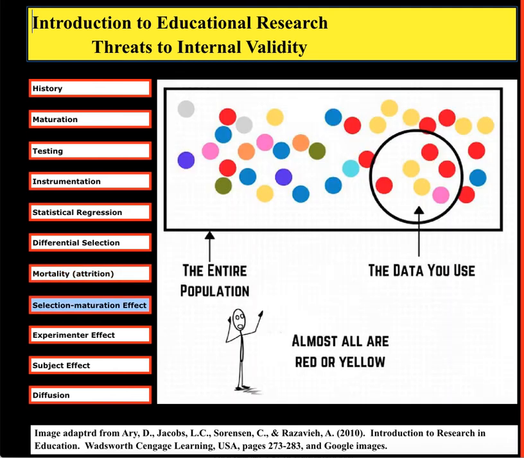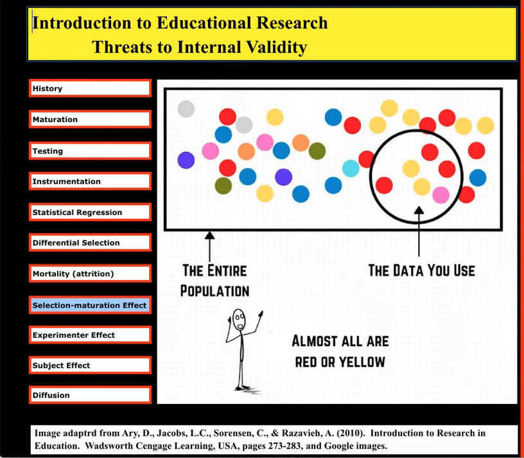Now there is what is referred to as a selection-maturation interaction of subjects. And this refers to the mixing or combining of separate elements based on different maturational levels. So this is like the differential selection, but here you have two groups, let's say, an experimental and a control group, but maturationally they're different. Their maturational levels are different.